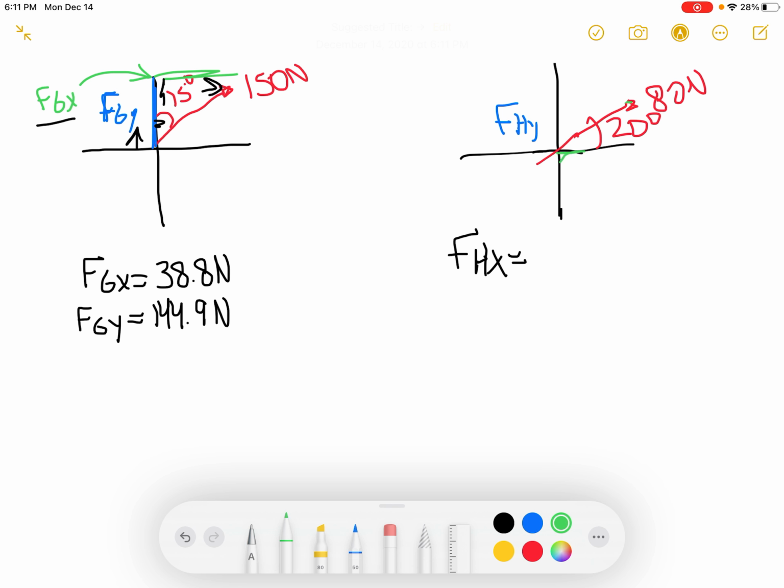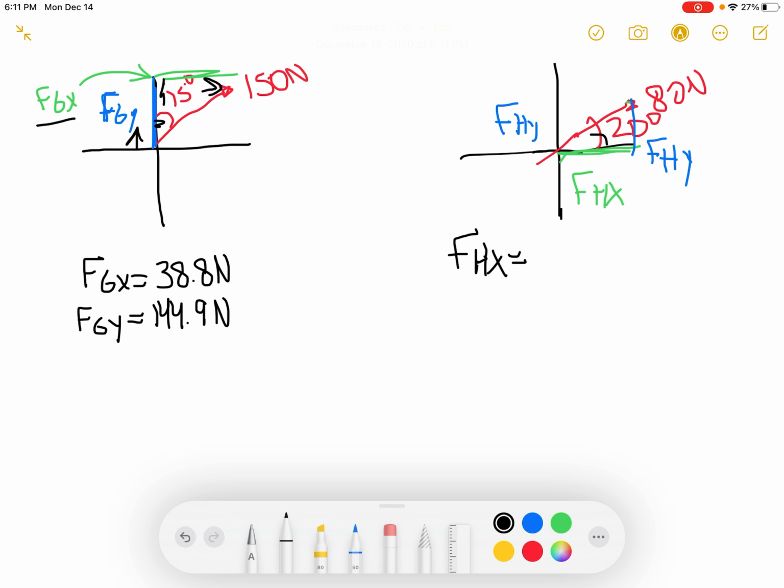So this is the x component. This is FHX. This is FHY. And this time the x component is adjacent to the angle. That's why we use cosine this time. So it's not always like that, I told you.